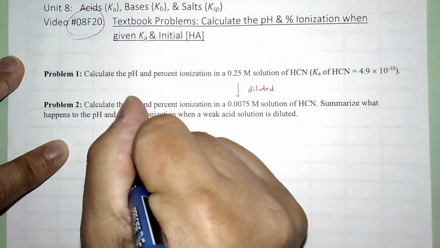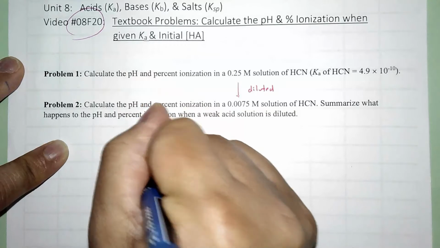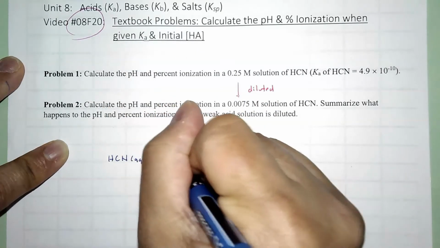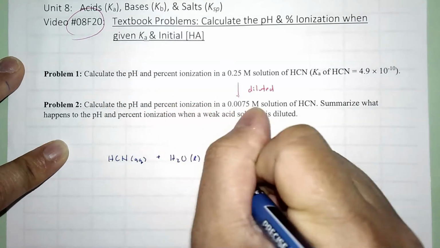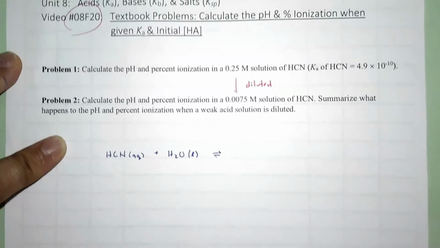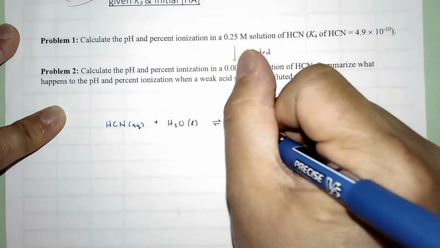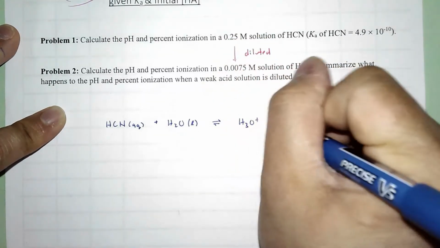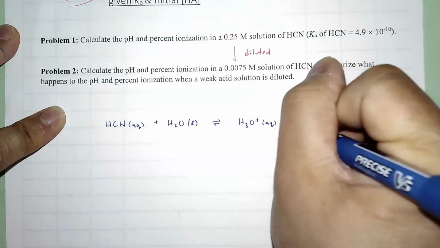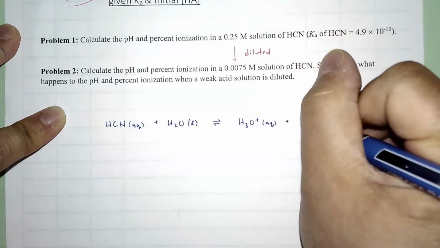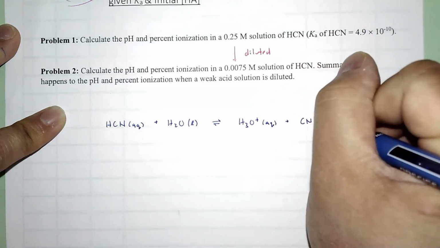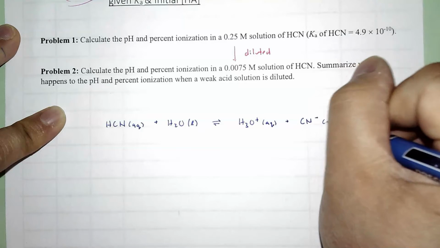Let's put the states: aqueous, plus water, liquid, goes to, in equilibrium, hydronium, aqueous, plus the conjugate base, cyanide anion.